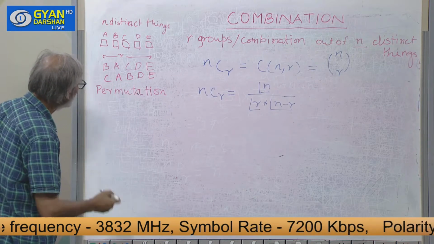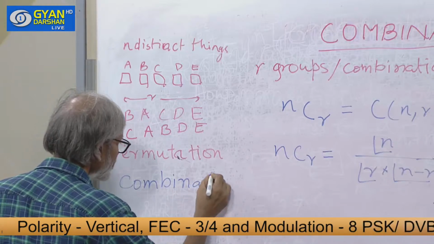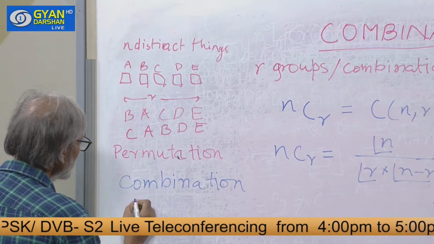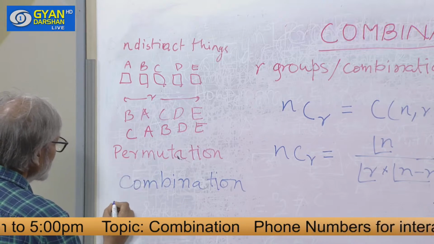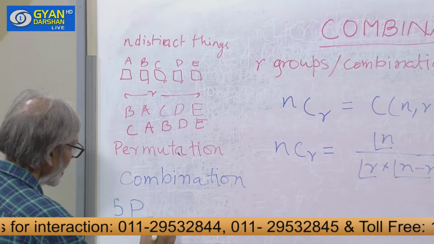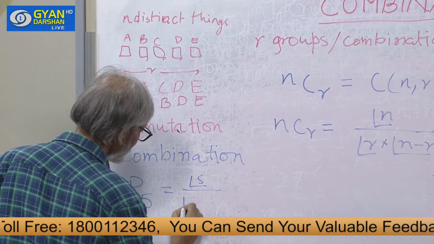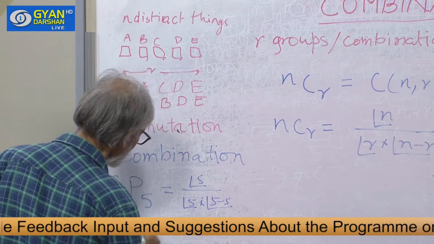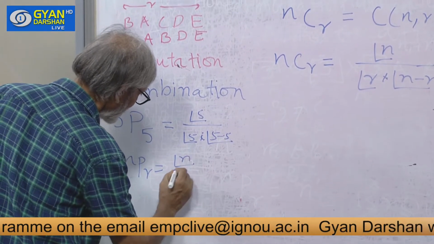Suppose order is not important, combination is to be done. Let us see 5P5, taking 5 at a time.